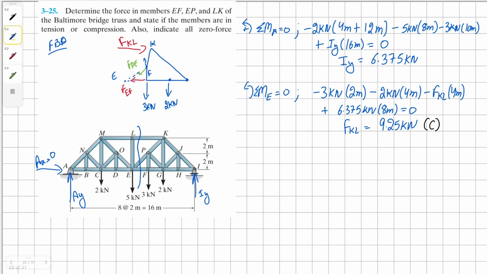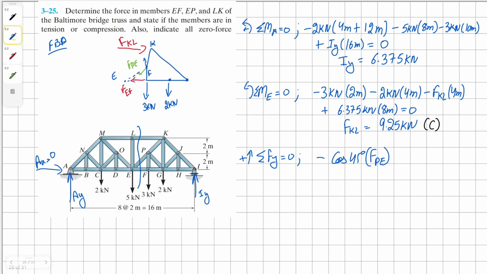Now we can sum the forces in y direction in order to find a solution for force in member PE. We're going to have vertical component of force PE, which will be cos 45 degrees times force PE.